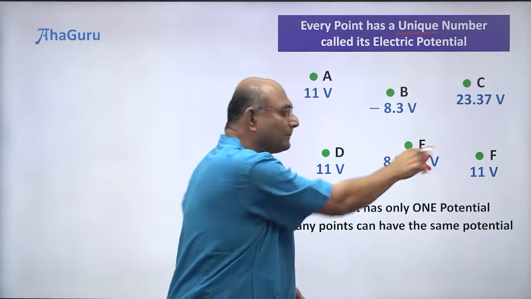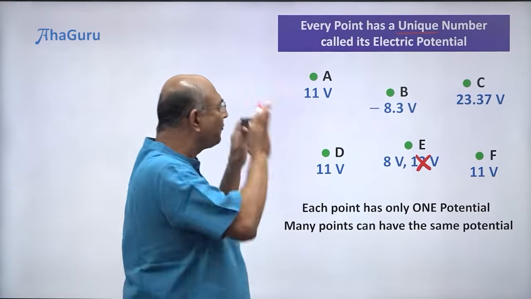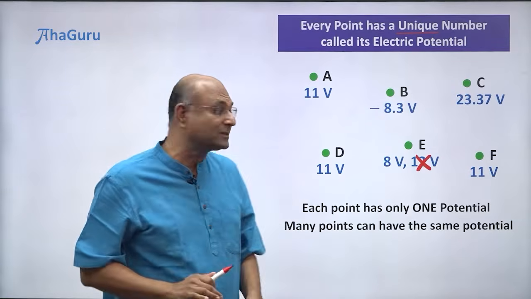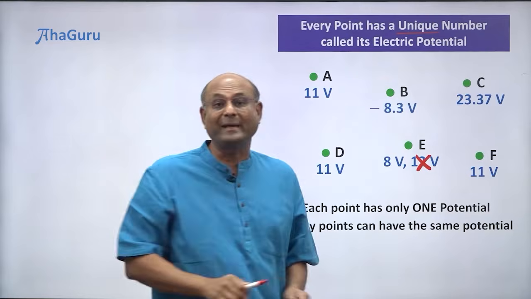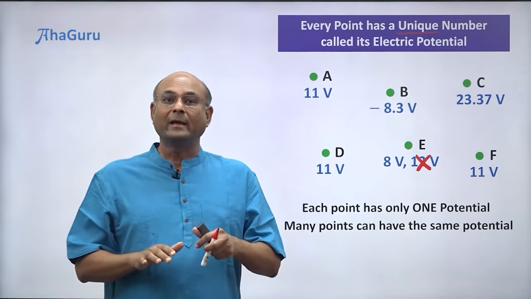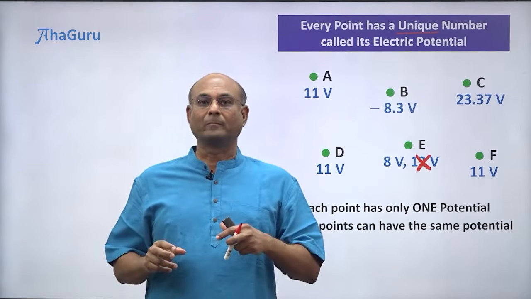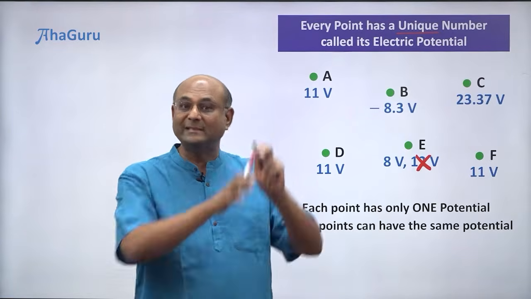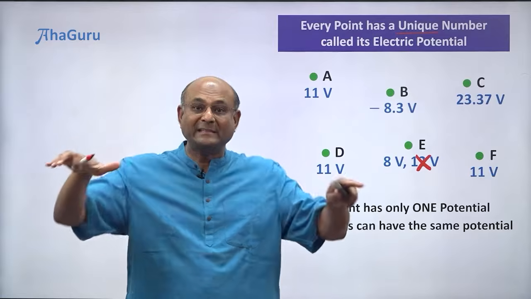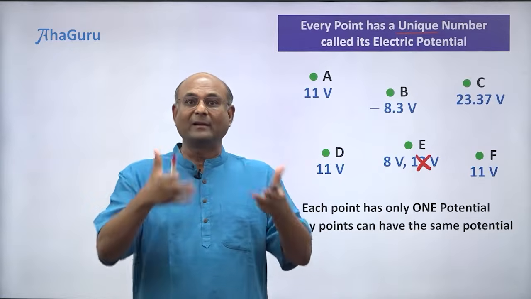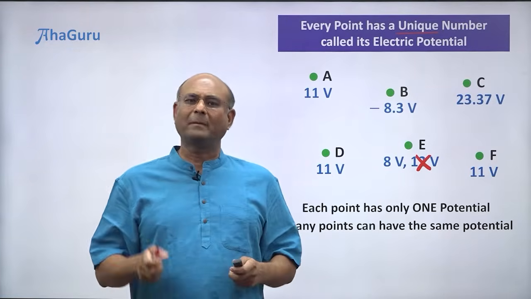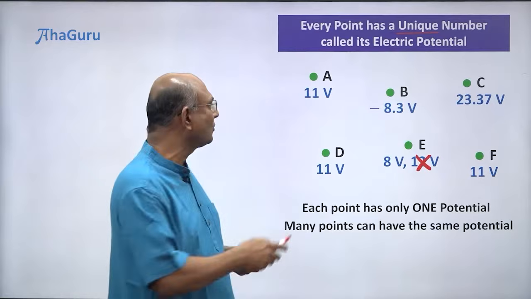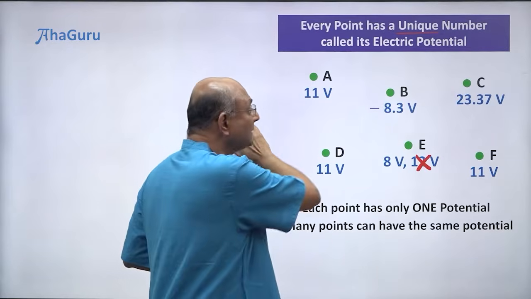So I've given you all these numbers, right? Does this mean forever A must have only 11 volts? Forever B must have only minus 8.3 volts? Not really. If I move some charges around, if I go and switch on or switch off a light, go and switch on the AC, as long as I change things around me, right? Electrical changes that I'm inducing by bringing charges, moving things around and so on, these numbers will all change.